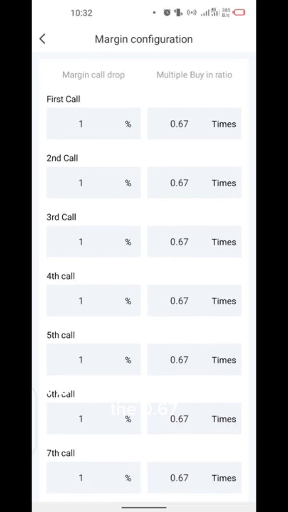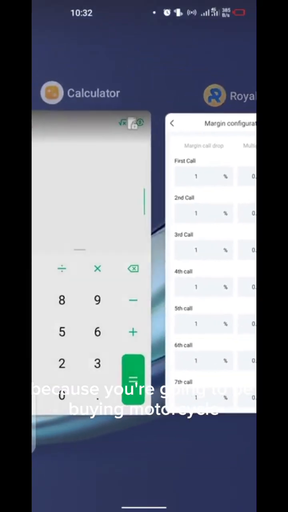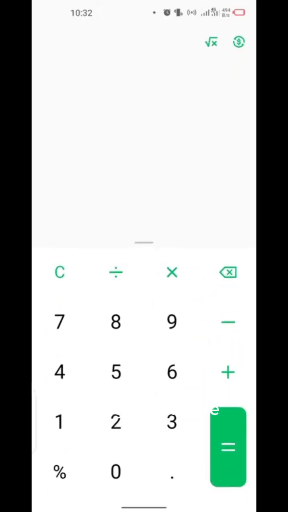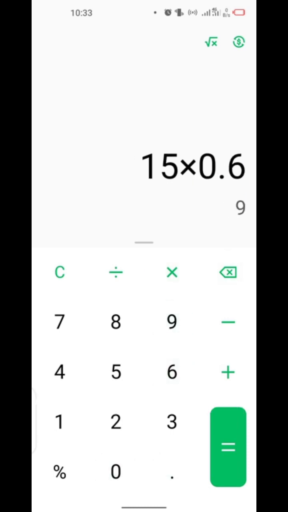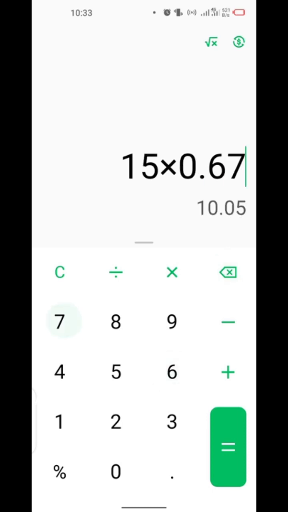Now, how do you get the 0.67? Because we are going to be buying on a cycle. If we get 15 times 1 is 15. What about if we get 15 times 0.69, it is 10.33. What about 0.66? It's 9.9. 0.67. This is the minimum purchase we can use.